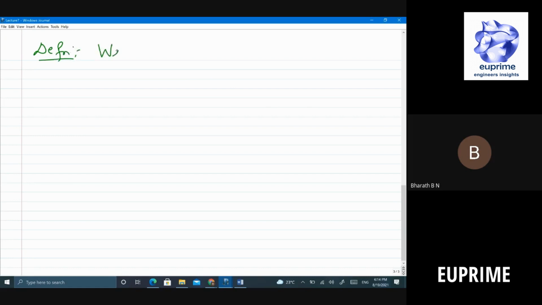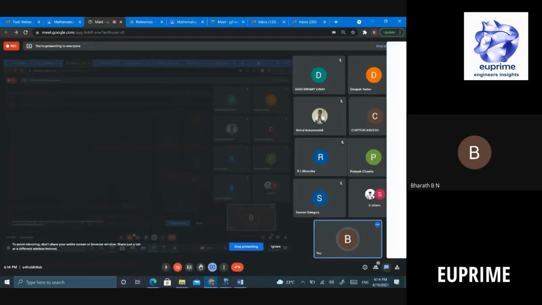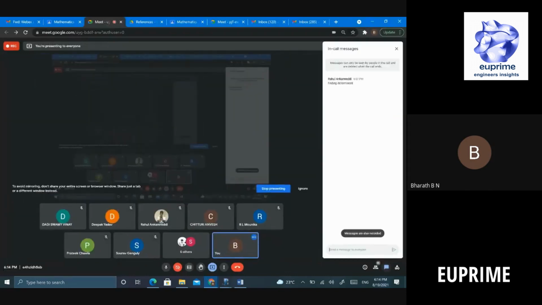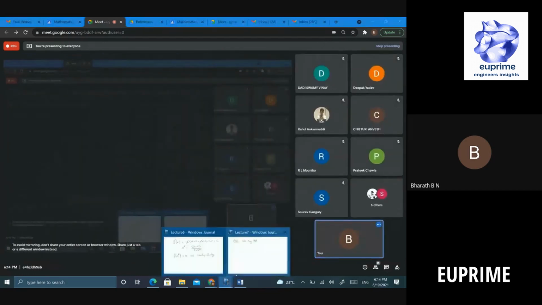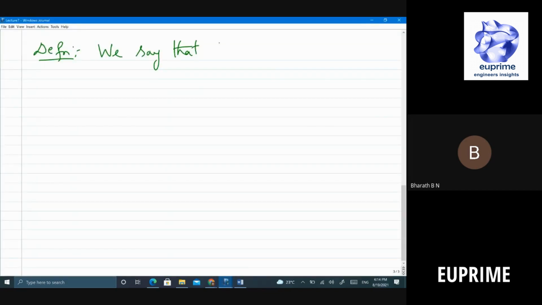We say that two vectors v, w belonging to V are orthogonal.